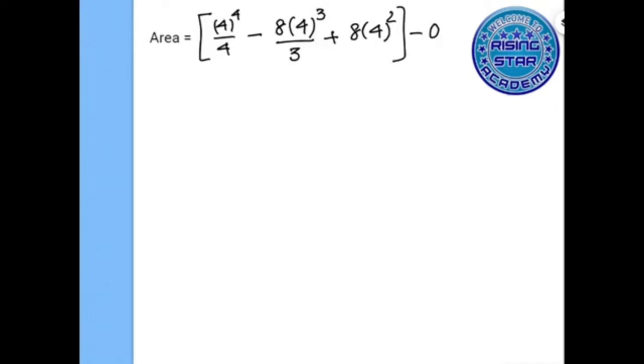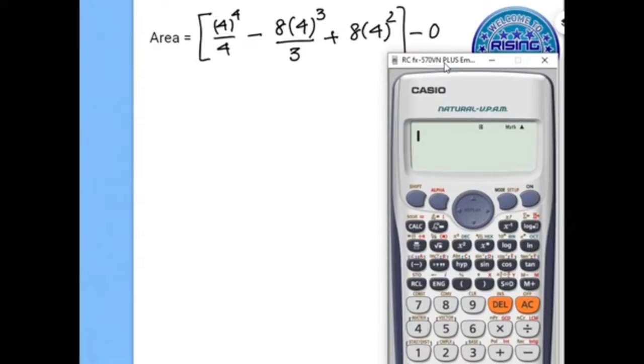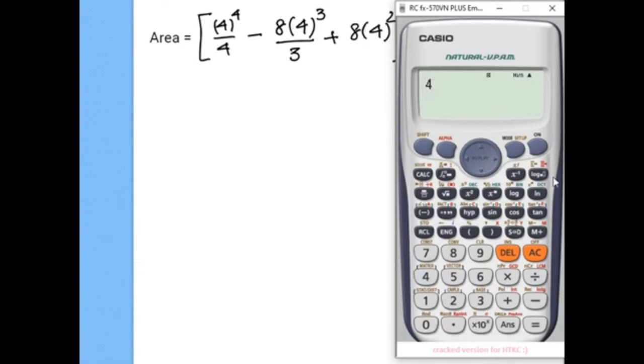Okay, now we will use the calculator. So we will put the values. 4 raised to the power of 4 divided by 4, minus 8 over 3 multiplied with 4 to the power of 3, plus 8 into 4 squared.